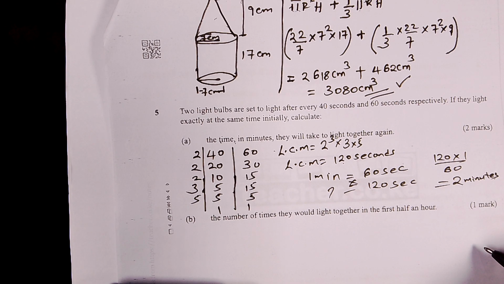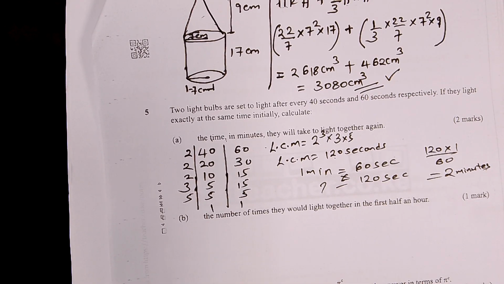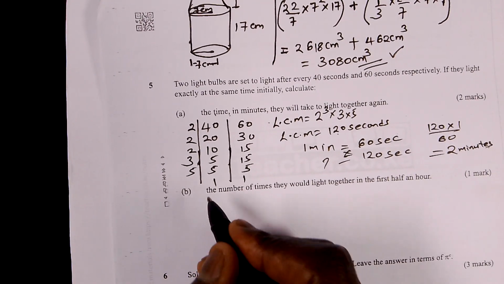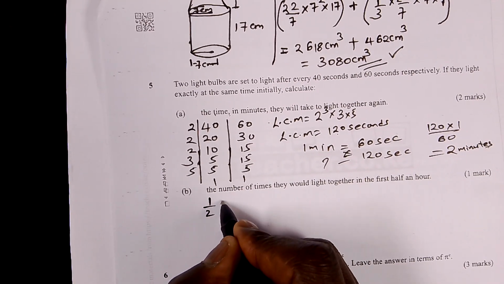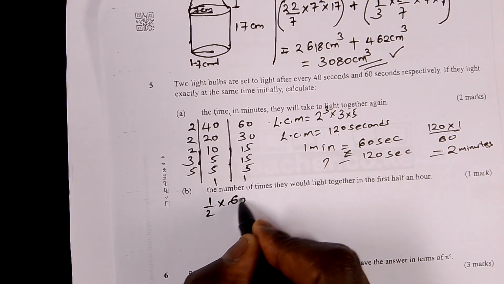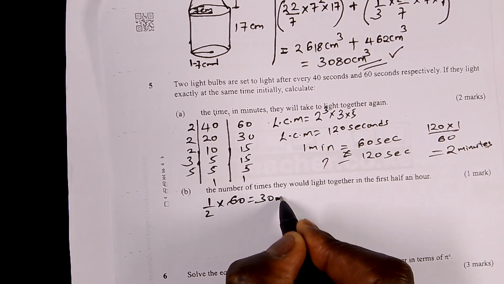they would light together in the first half an hour. So in the first half an hour, what we need to understand is that half an hour is equivalent to 30 minutes.